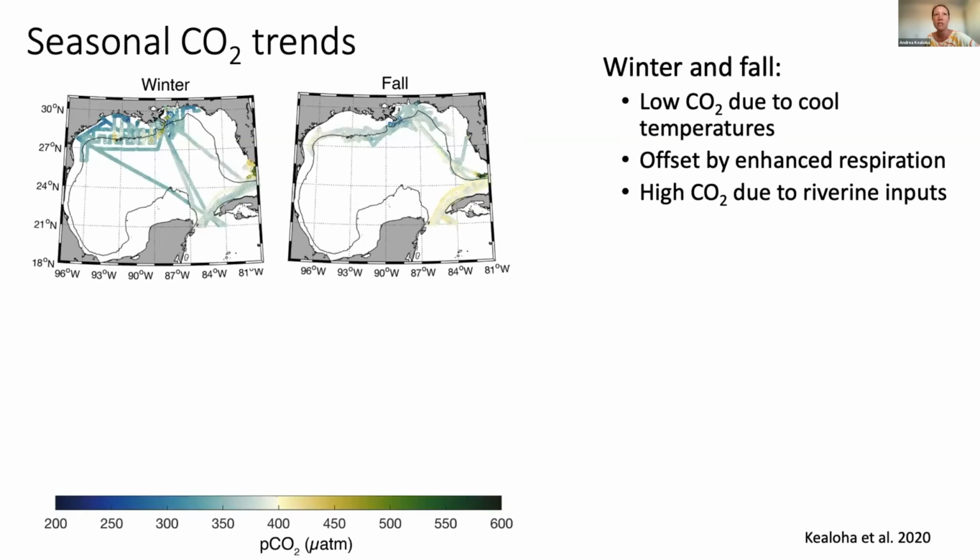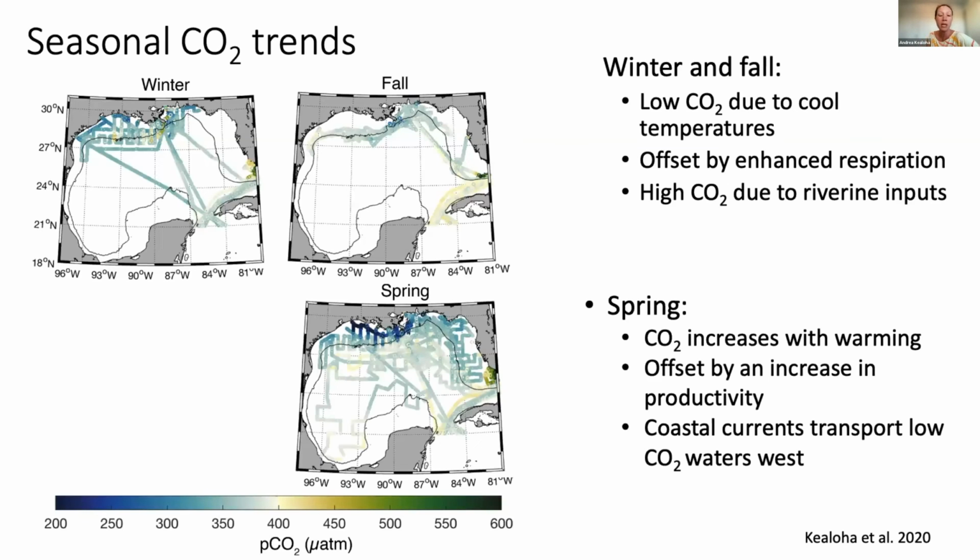This is partially offset by enhanced respiration, which we can see in the normalized PCO2 data, which I don't show in this presentation, but it's in the publication if you're interested. And then we do see pockets of high CO2, particularly near the rivers due to riverine inputs and outgassing.